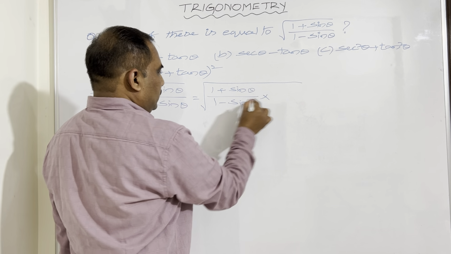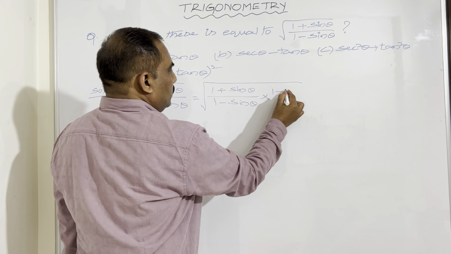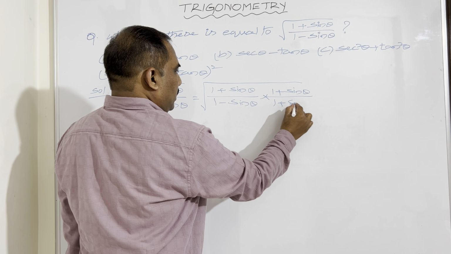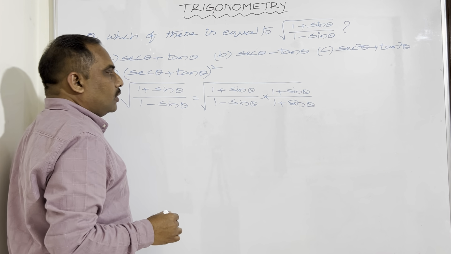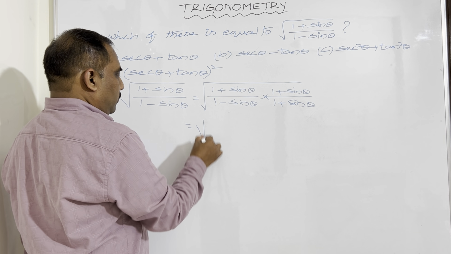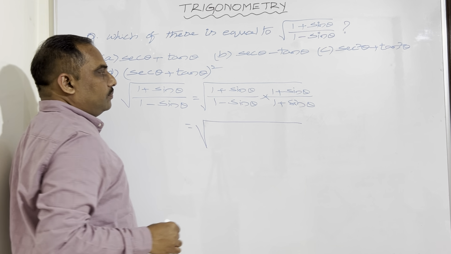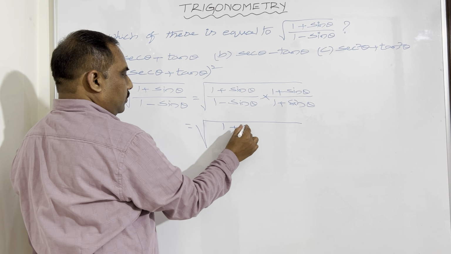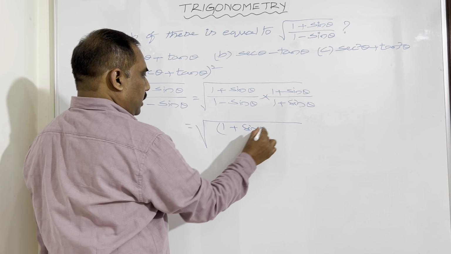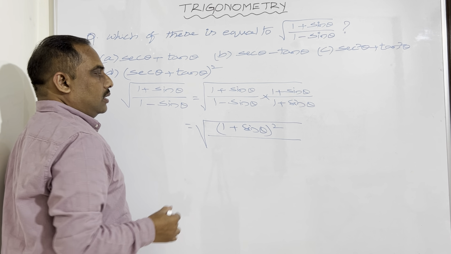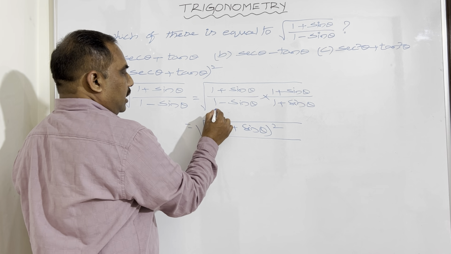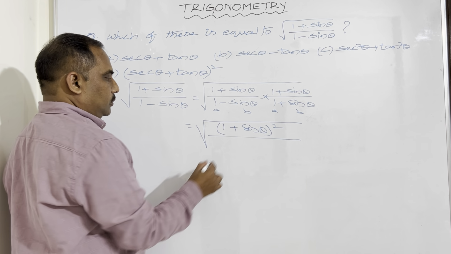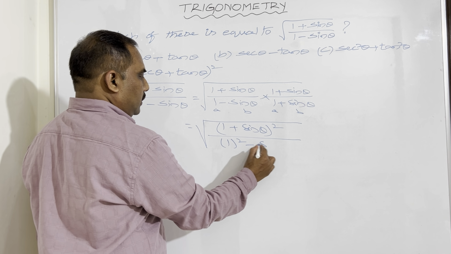Rationalizing the denominator means multiplying numerator and denominator by 1 plus sin theta. So we get root over 1 plus sin theta into 1 plus sin theta, that is 1 plus sin theta whole square. The denominator is like a plus b into a minus b, which is a square minus b square.